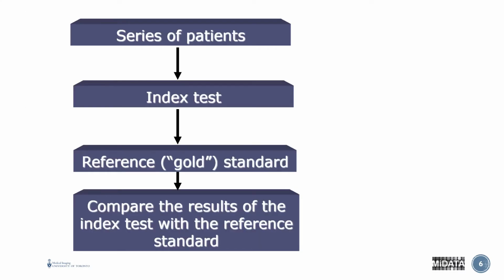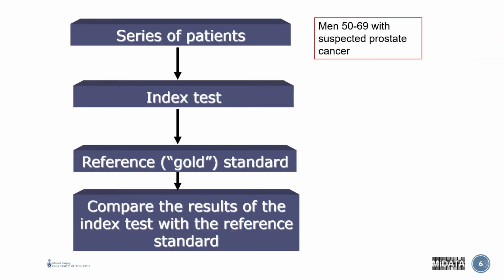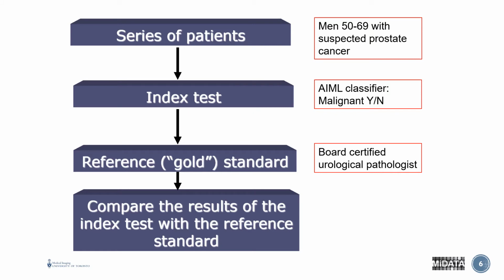So just quickly as a refresher, series of patients, men 50 to 69 with suspected prostate cancer. The index test is an AI/ML classifier, malignant yes, no. It also does some grading using the Gleason score. The reference standard is board certified urological pathologists.